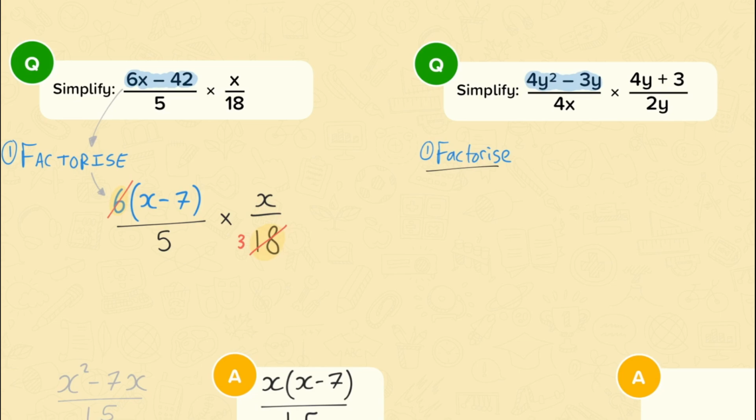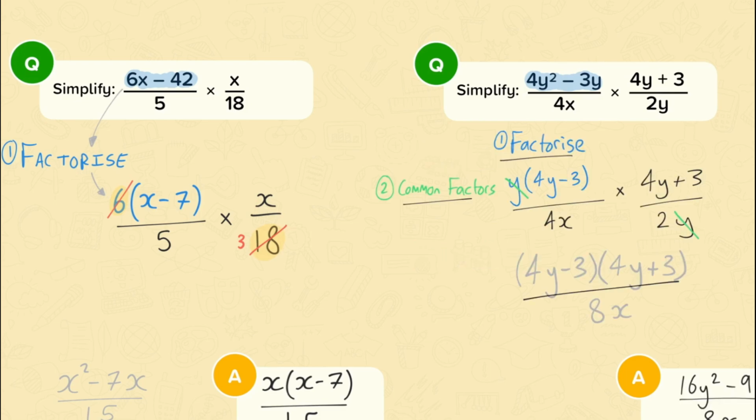Then you can cancel out those common factors. Another hint, you'll be cancelling out a letter. Also, the difference between two squares will crop up at some point. Pause the video and see how you do. When you come back, I'll show you my working out and talk you through it. Pause the video now.